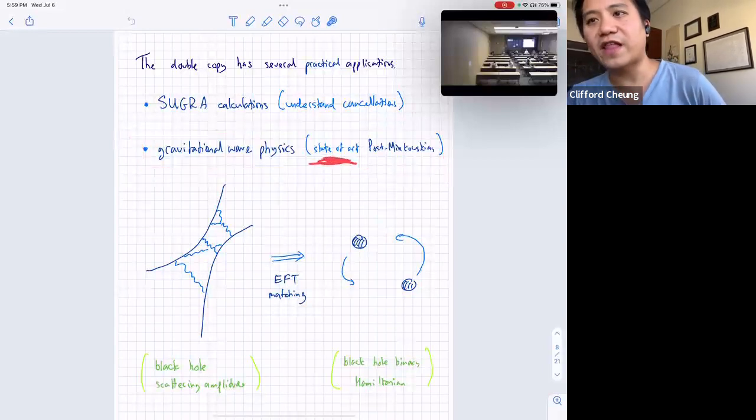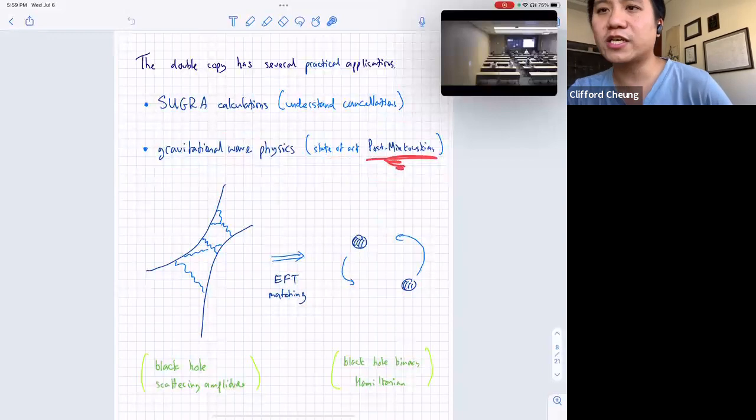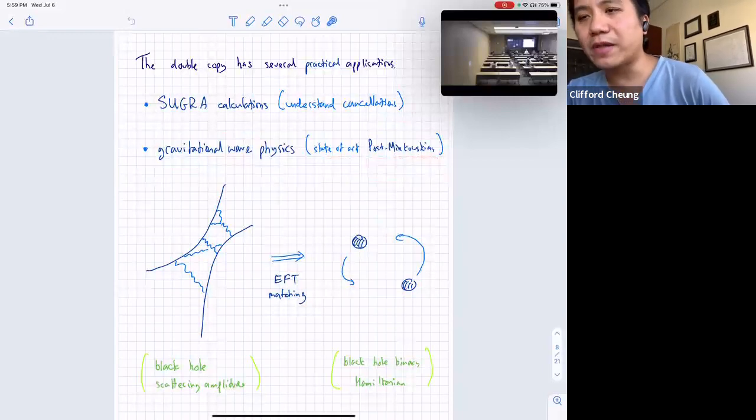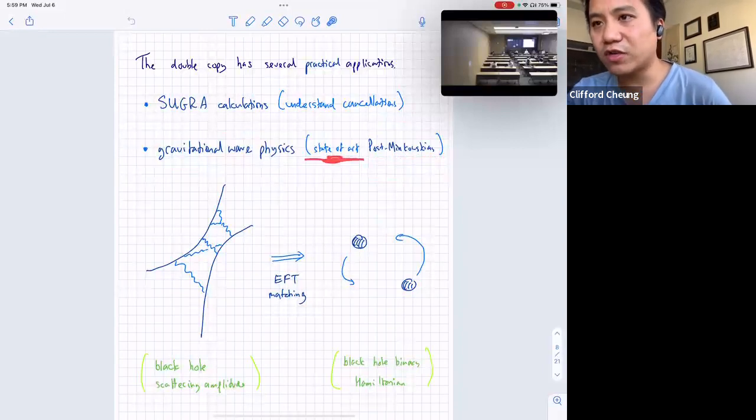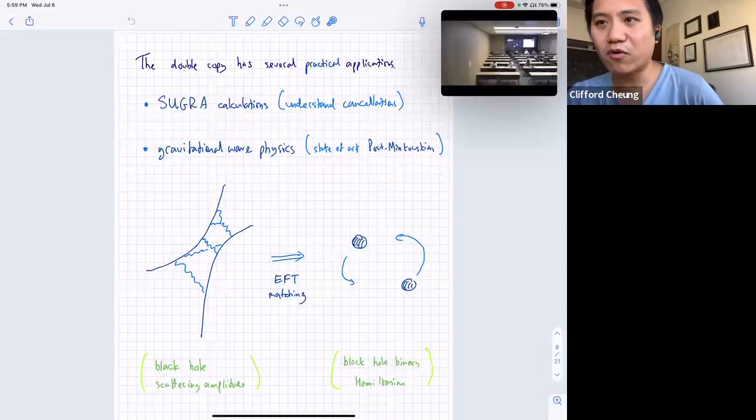The flagship state-of-the-art calculations in what's called post-Minkowskian perturbation theory, which is essentially studying the binary black hole inspiral order by order in G Newton, are all from amplitudes. The first time they were computed, they were computed using scattering amplitudes methods.